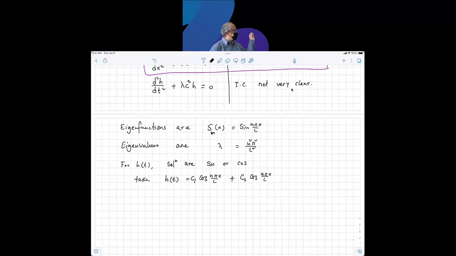And since a solution is sine, a solution is cos, we use the superposition to get, maybe we can also write this as Hn of t, because it is true for n from 1 to 3. Then use the superposition.